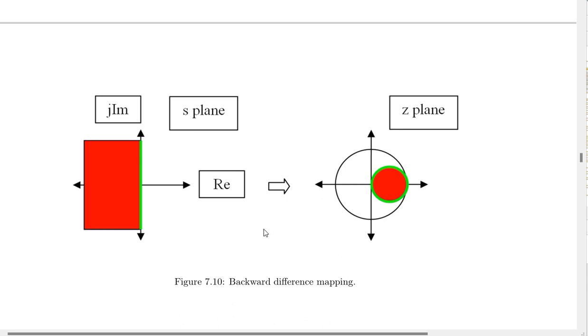So the second problem, of course, is completely related to the major idea. And what about analyzing frequency response? Just consider the green line moving from frequency equal to 0 up to plus infinity.